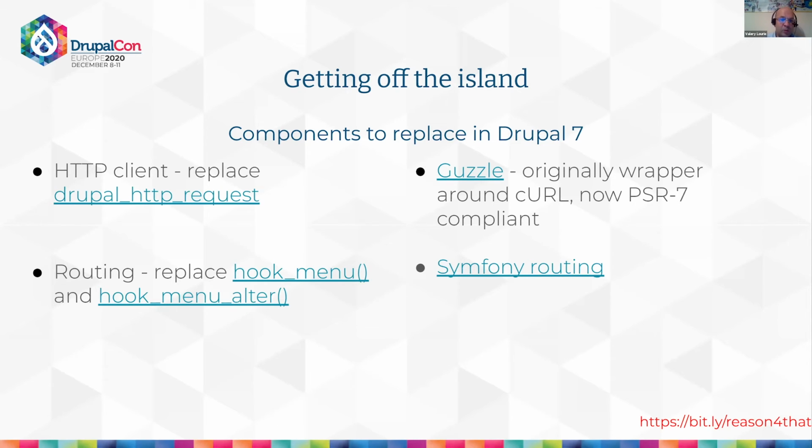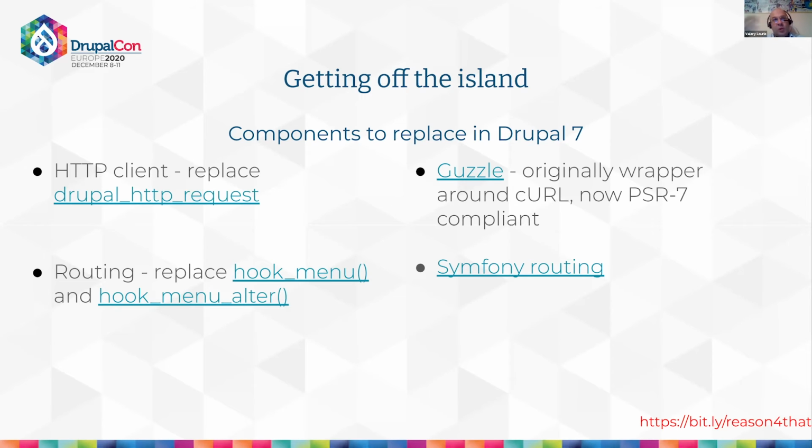And the second task was replacing the routing system. For those of you who didn't work with Drupal 7 and before, there were two hooks in Drupal 7. One for providing menu items and a second for altering either the same menu items or menu items coming from different modules. So these were the two tasks to replace in Drupal 7.